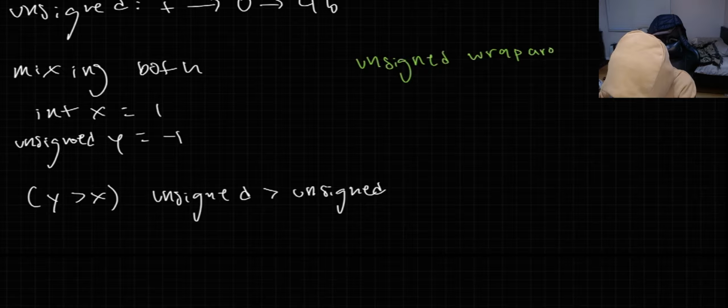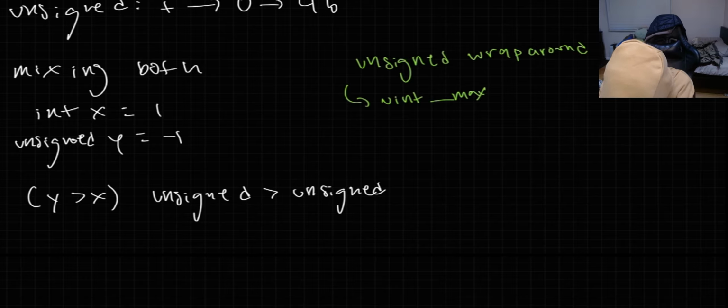So when we have a negative, for example, in this case, -1, we have something called unsigned wraparound. And this will convert to, if we start at a negative value, UINT_MAX minus n minus 1. So in this case, we get UINT_MAX minus 2, I believe.